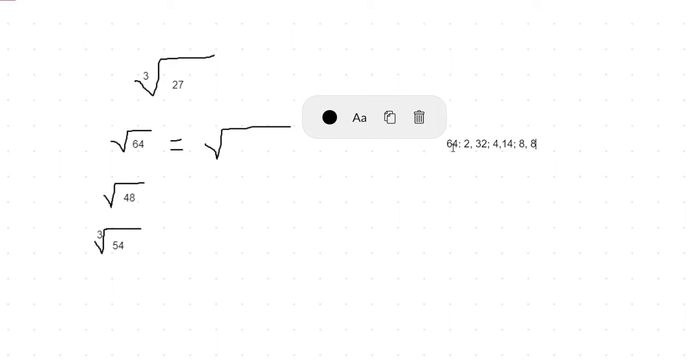It's 8 times 8. Now, if I was looking for the square root, since we know the index number here is a 2, you're basically asking yourself, what is the number that multiplies by itself 2 times in order to make 64? Well, I have two 8s, so that would imply that this is actually 8 times 8.